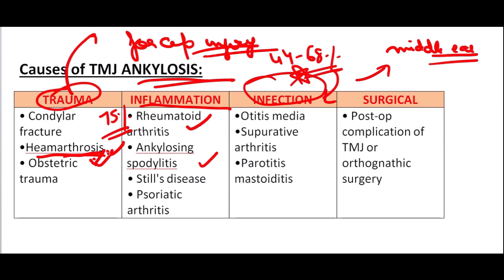These fibrous bands may lead to bony consolidation or ossification, further restricting the joint movement. So what started as a response to injury with the fibrous band may result in the formation of bone, resulting in the fusion of the joint space.